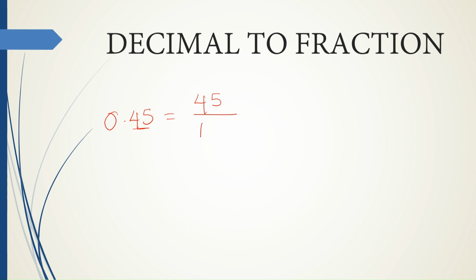The number of zeros should be equal to the number of digits after the decimal point. Here we have two digits, so write two zeros after 1. This is the fraction form of the number. Now we can simplify this. We can use the fifth table. In numerator we have 5 and denominator 0, 5 and 0 in the fifth table. So 9 upon 20 is the simplest form for this fraction.